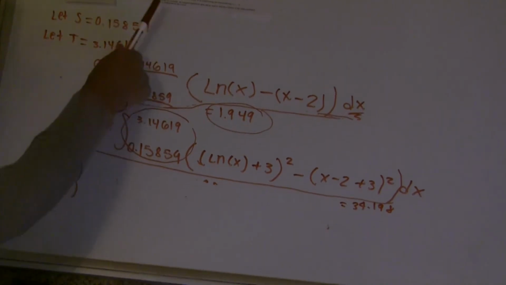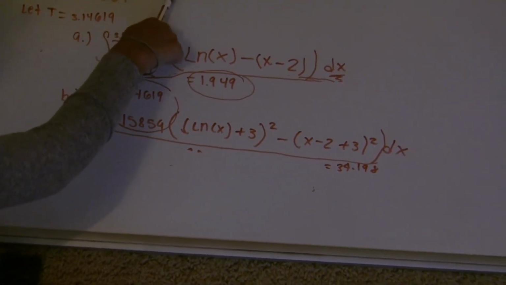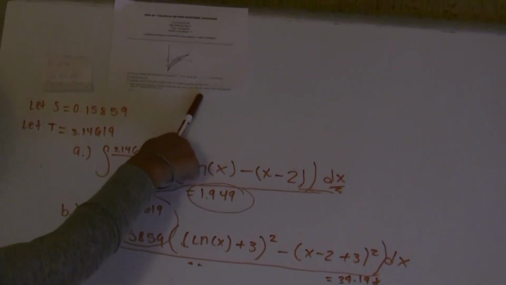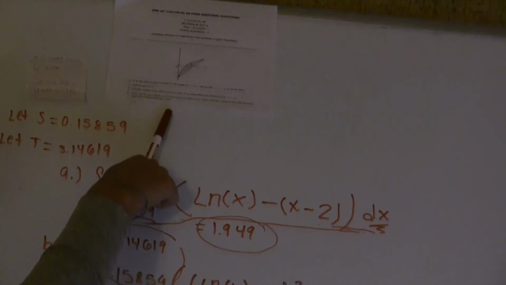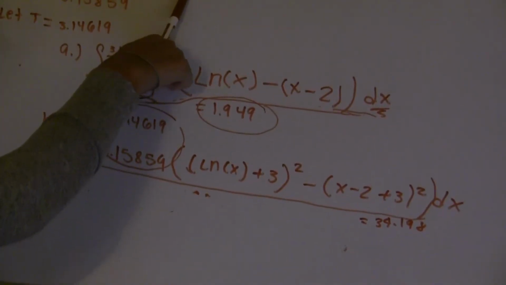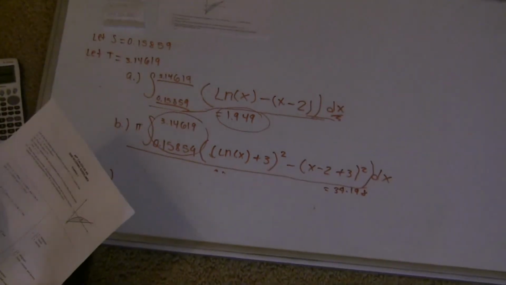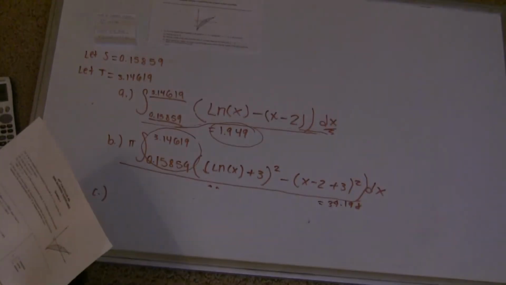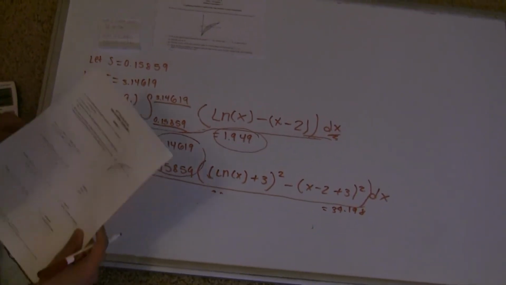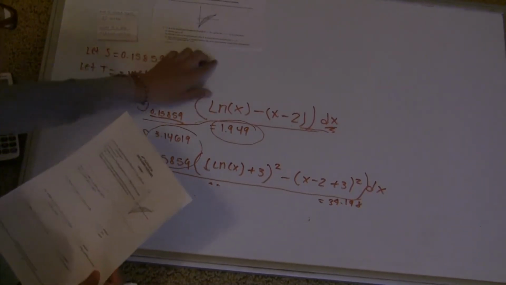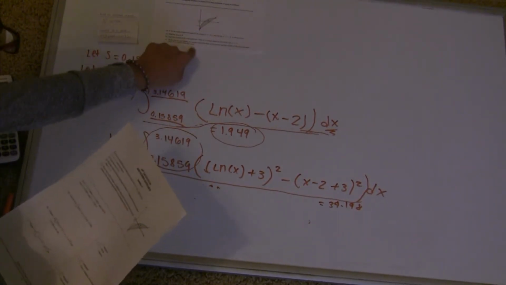C says, write but do not evaluate an integral expression that can be used to find the volume of the solid generated when R is rotated about the y-axis. So now we need to find an integral, we don't need to solve it.